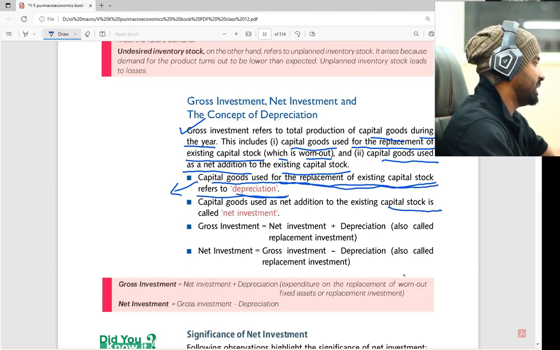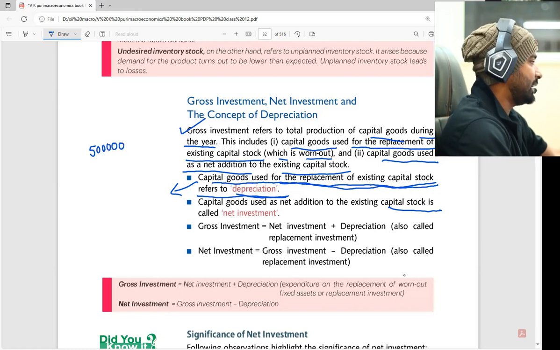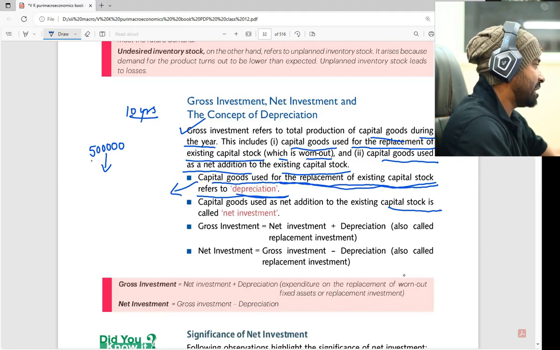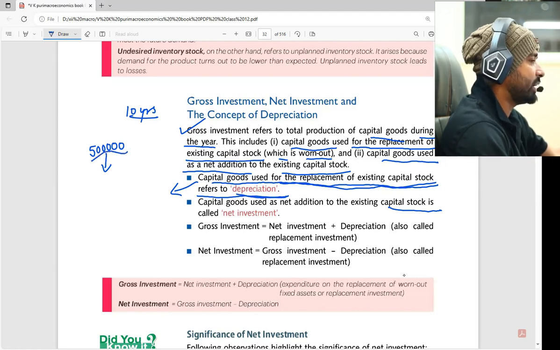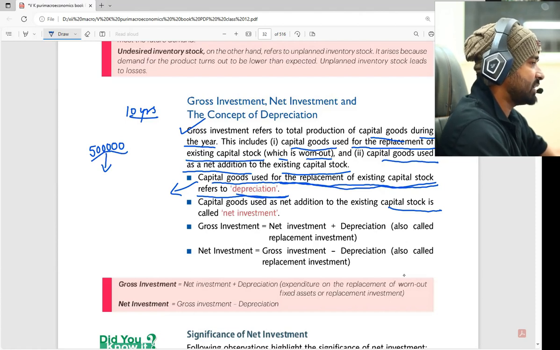Let's see what is the meaning of that. For example, you have purchased a machine for 5 lakh rupees, and you are going to use it for 10 years. After 10 years, this 5 lakh rupees machine will be condemned. At that time you again need another machine, definitely, so you should purchase another one.